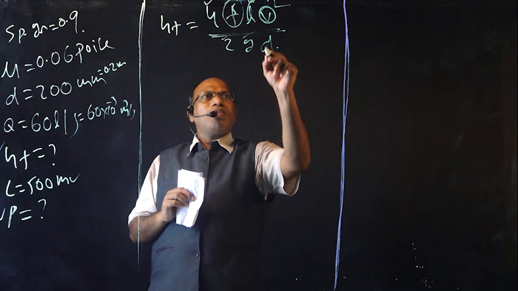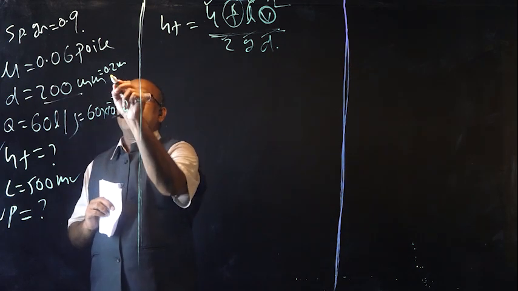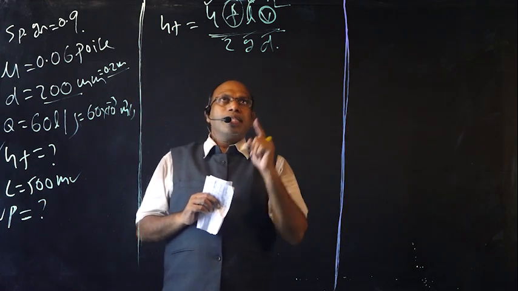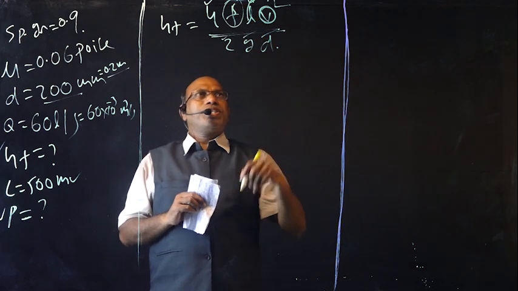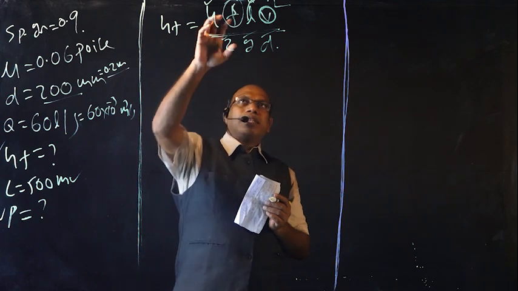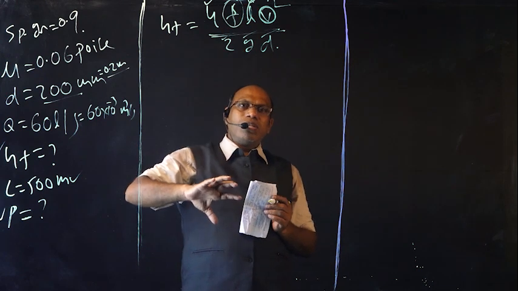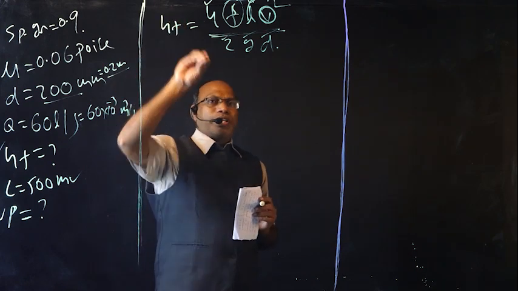G is equal to 9.81. D is the diameter of the pipe, given as 200 mm, that is equal to 0.2 meters. In this case, there are only two unknowns. One is the coefficient of friction, another one is the velocity. First we are going to determine these two, then these values are substituted in this equation. Finally we have the head loss due to friction.